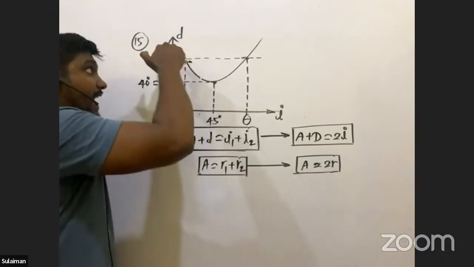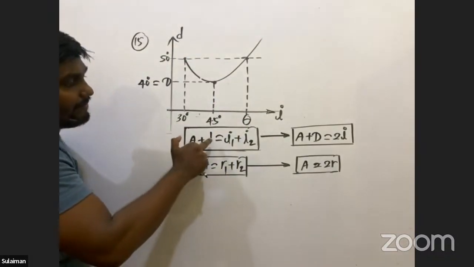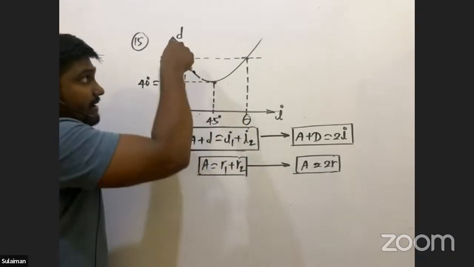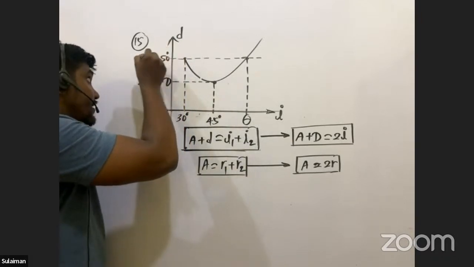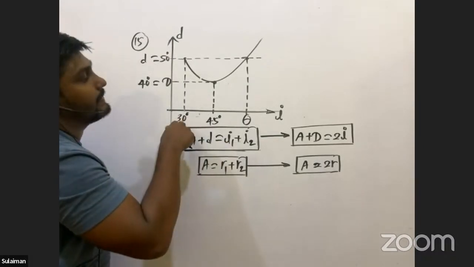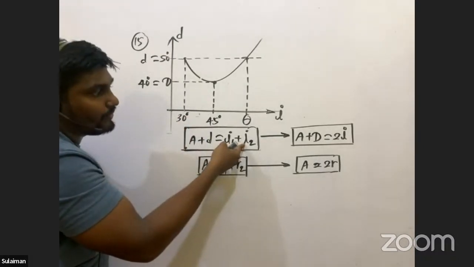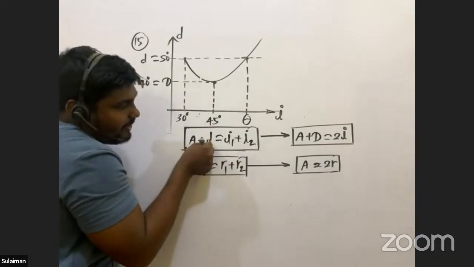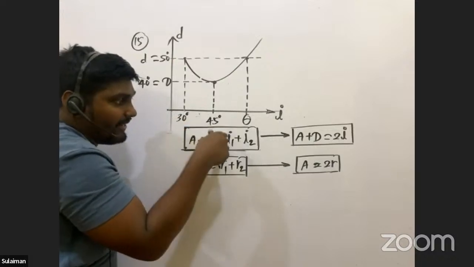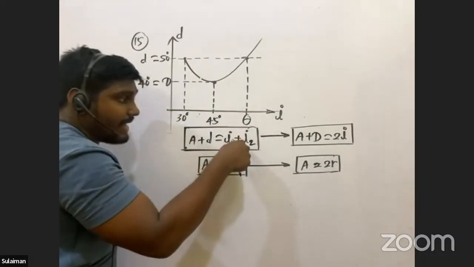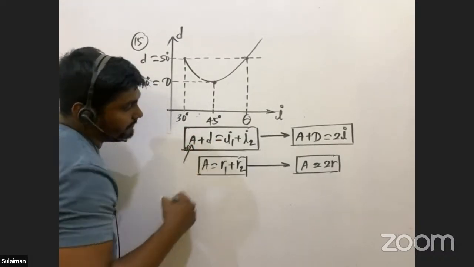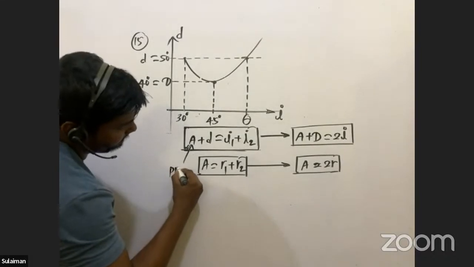That means when my angle of deviation is 50, I want to find the I2 value. When my small d is 50, I know the I1 value is 30. I want to find the I2 value, but the problem is I don't know the prism angle. Capital A means the prism angle.